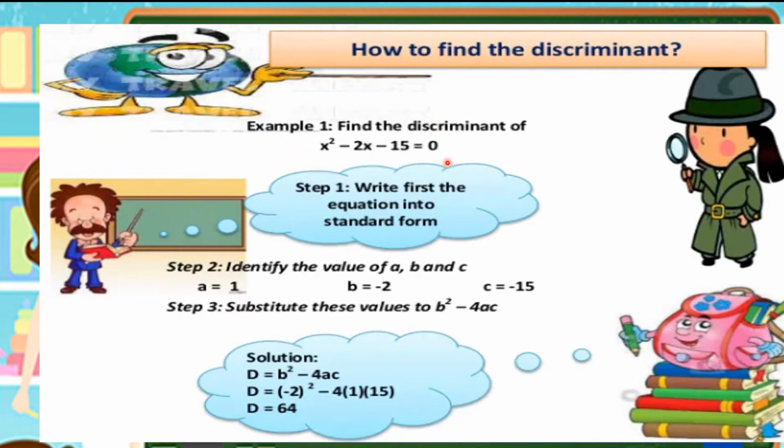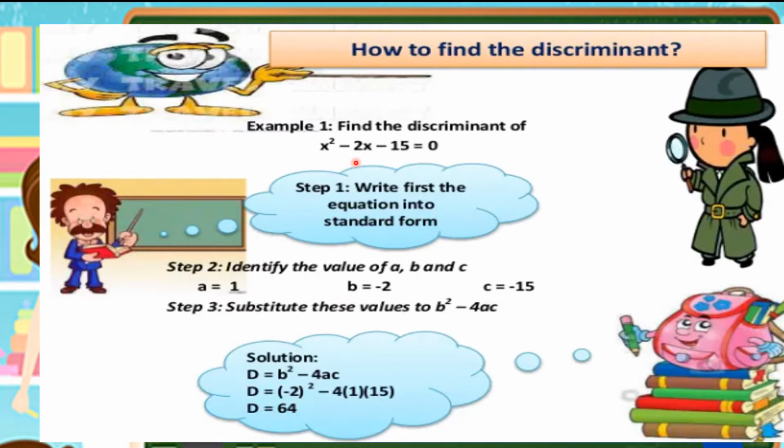Ano ang sunod na step? Ang sunod na step ay i-identify ang value ng A, ng B, at ng C. At paano natin makukuha si value ng A, si B, at si C? Titingnan natin ang ating equation. Yung A, katabi ni x squared, which is 1. Si B, katabi ng ating x, which is negative 2.